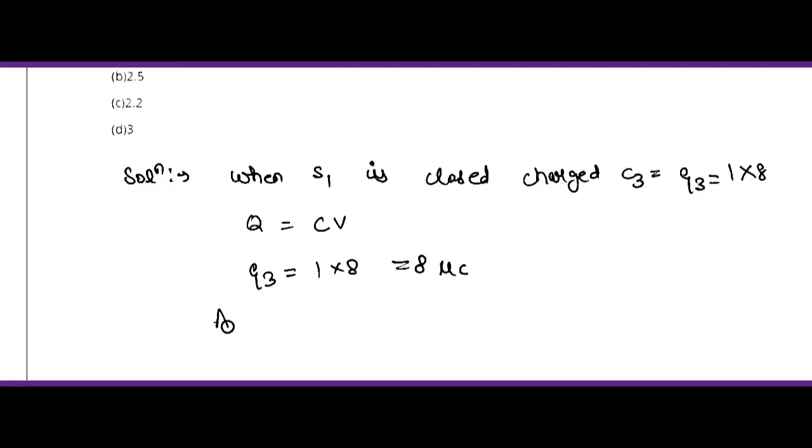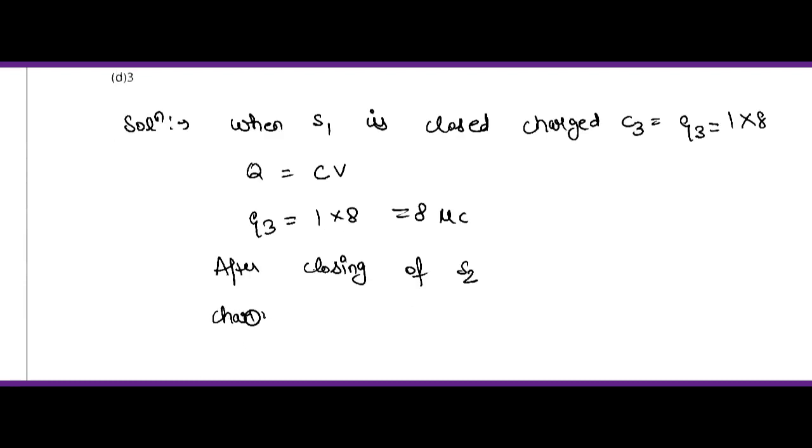And after closing of S2, switch 2, we get the charge on capacitor 3 is equal to 8 into 1 divided by 1 plus ER, where ER is the relative permittivity, and this is equal to 5 microcoulomb.